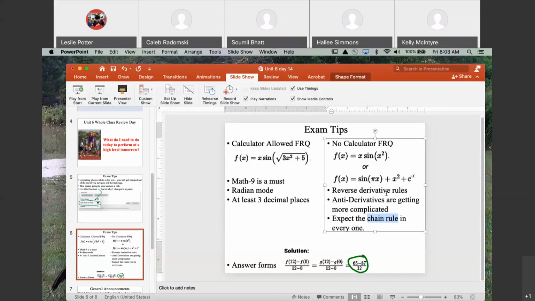That'd be just a reverse derivative rule. What's the integration equivalent to the chain rule, right? Chain rule is for differentiating. When we integrate, we call it the what? You do it without thinking about it.